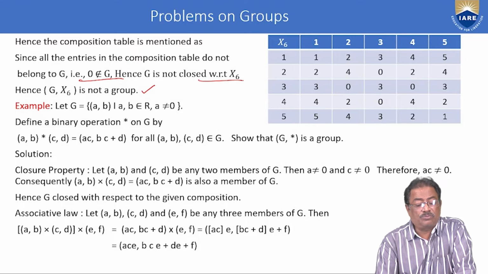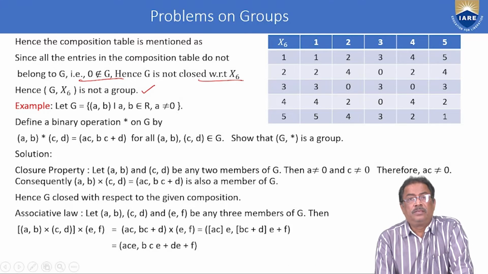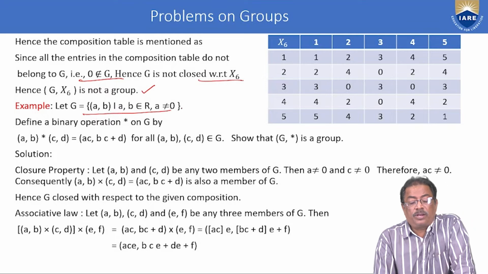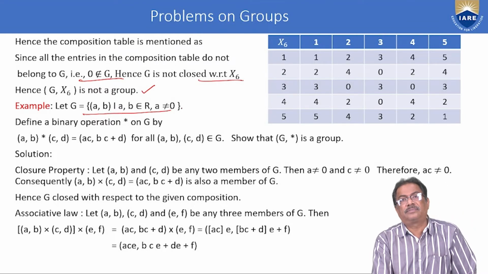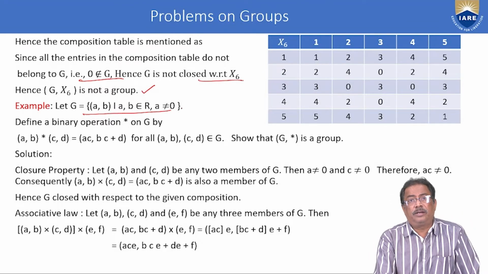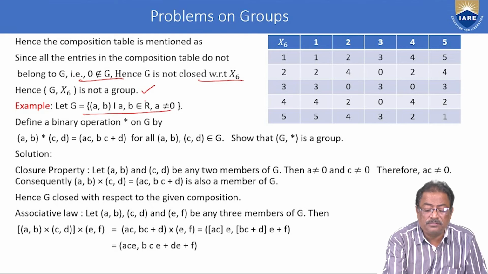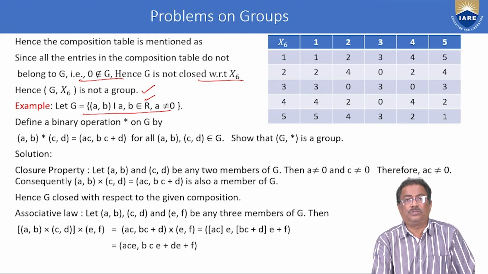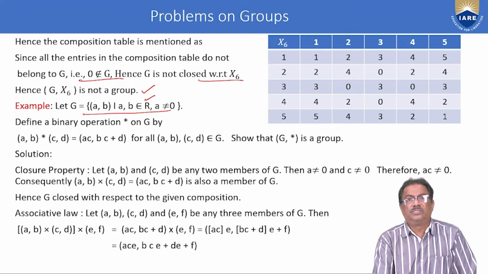Now let us go to another one. Let G be given like this: we collect the ordered pairs (A, B) of real numbers, where A is not equal to 0.